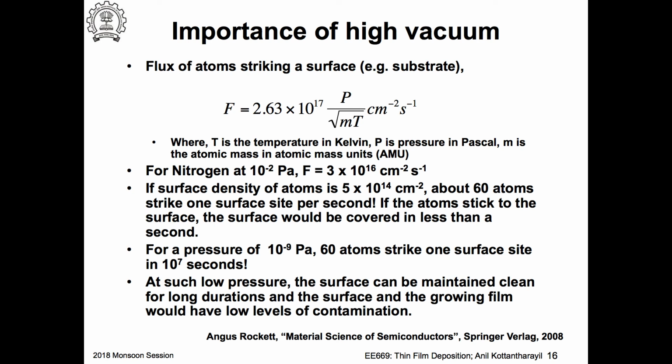So you can now realize that at this pressure, about 60 atoms or molecules strike one surface site per second. So if the atoms or molecules that are striking the surface stick to the surface as they hit, then the surface will be covered in less than a second.